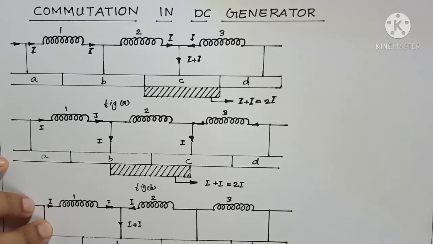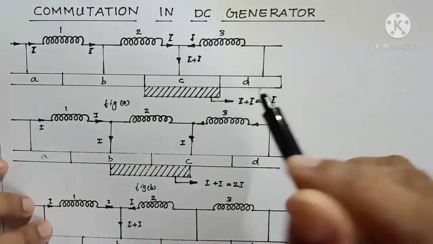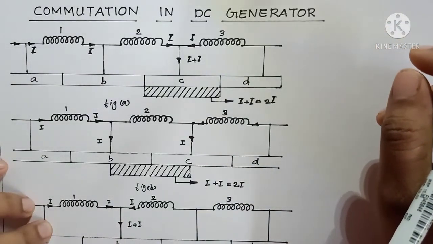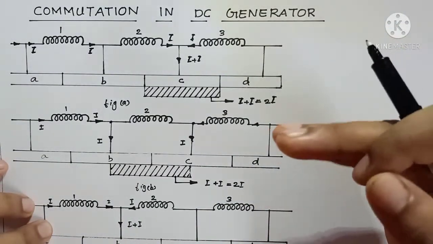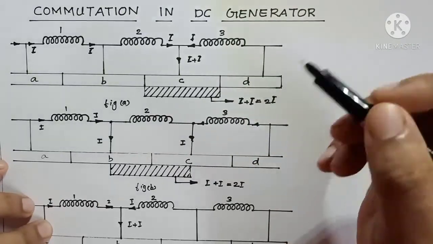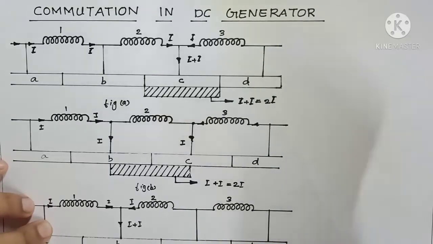For that we want a commutator along with the brushes. Here it is split ring commutators. During the rotation, current will flow in one direction when the armature coil enters the north pole, and in the opposite direction when the armature conductors come under the south pole.